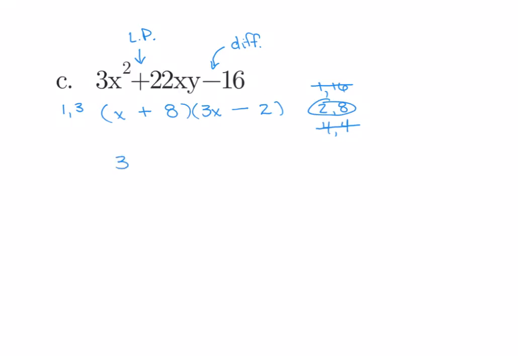First, we get 3x squared. Outsides, we get minus 2x. Insides, we get 24x. And lasts, we get minus 16. My middle two terms combine to give me 22x. This is correct.